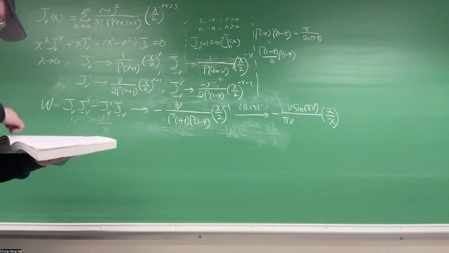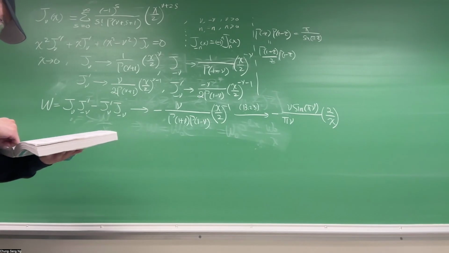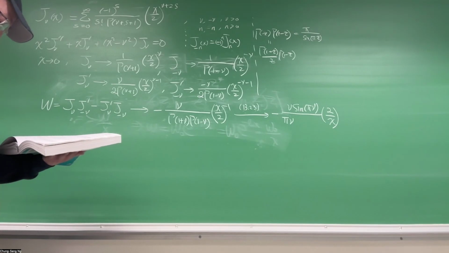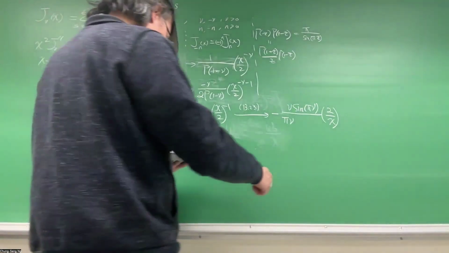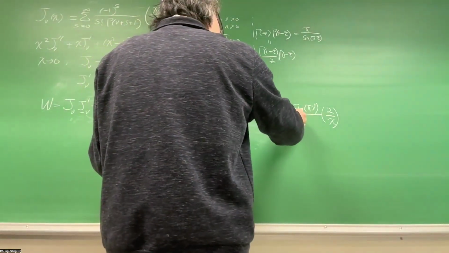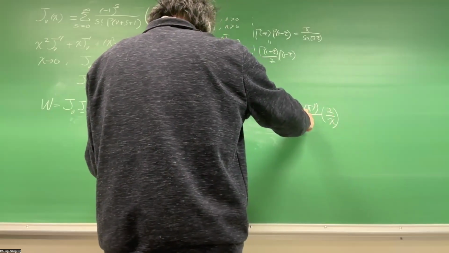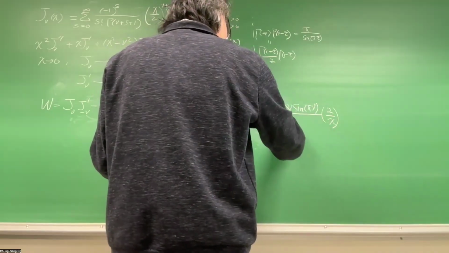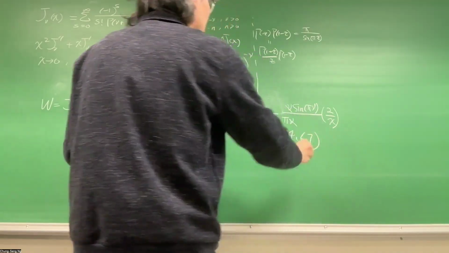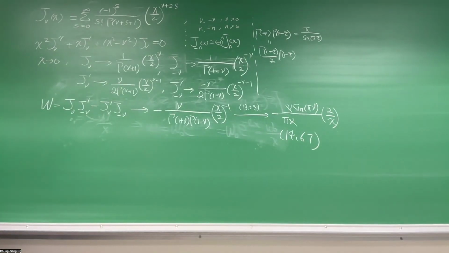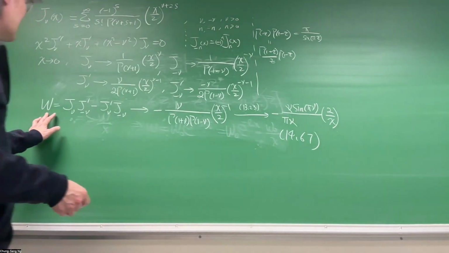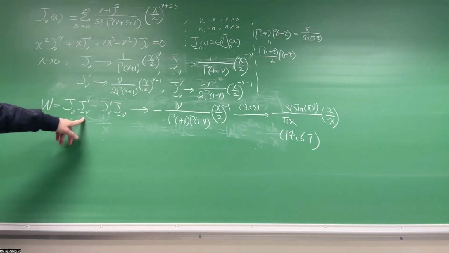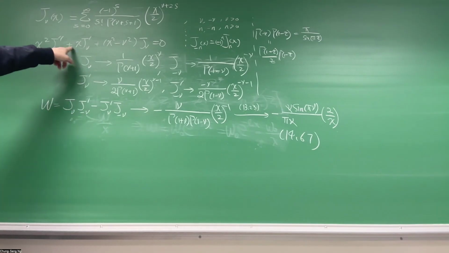Look at your textbook. That is supposedly 14.67. So you cancel the nu. The 2 sine pi nu divided by pi times x. So that is 14.67. Okay. So that's the Wronskian between J sub nu and J sub minus nu. Both are the solution for the same Bessel equation.